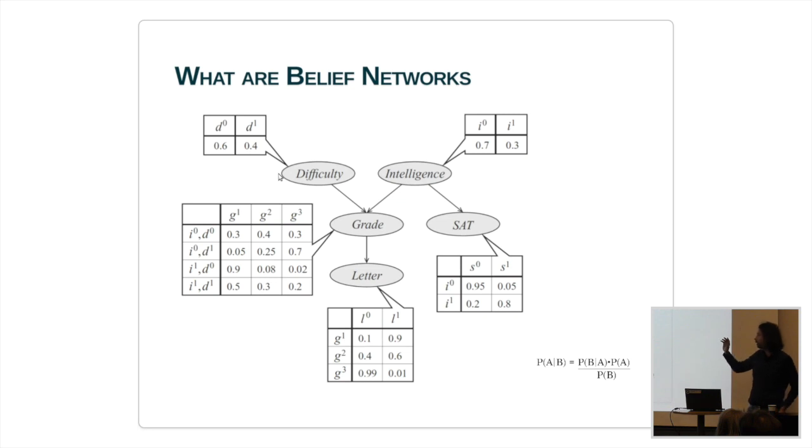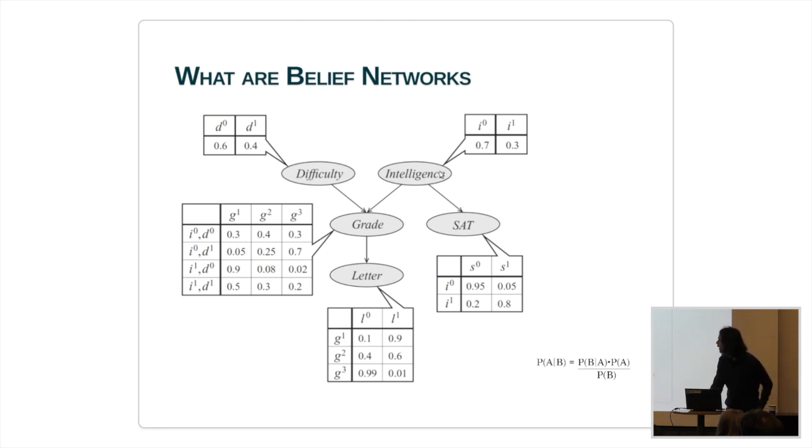In the live examples I'm going to show you later, we're going to have continuous nodes as well, so continuous features. But in this simplified case, we just have Boolean or binary nodes. So we have difficulty, we have grades, or in this case, not binary, but categorical at least. And we have a letter of recommendation and SAT score and intelligence.